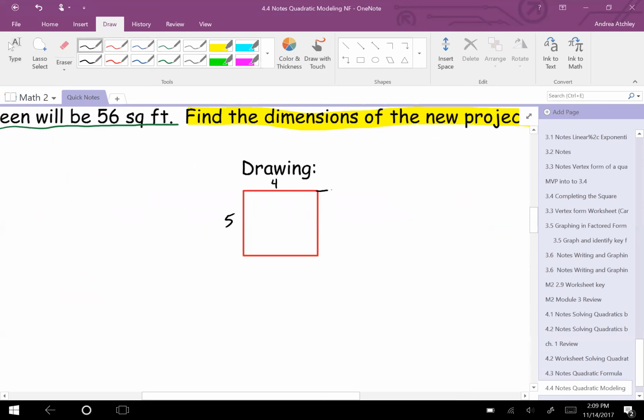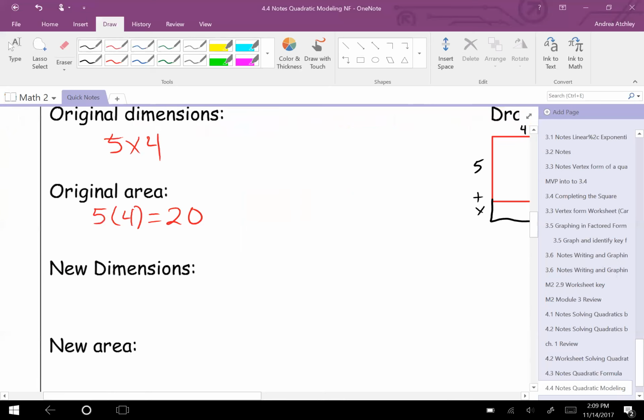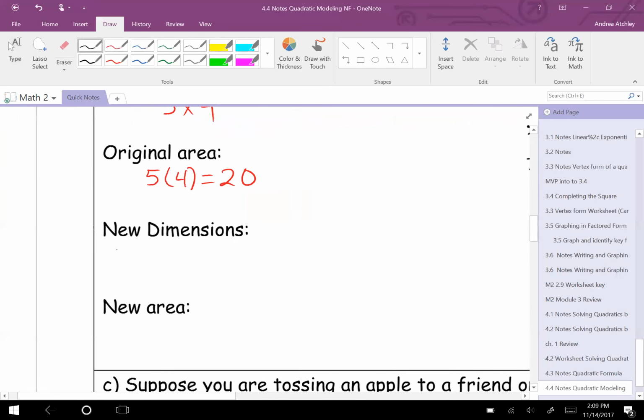And then I want to increase them both by the same amount. I don't know the amount, so it's my X. To make my projector nice and big. So my new dimensions then are X plus 5 and then X plus 4.